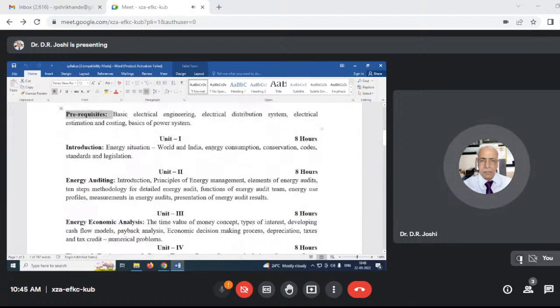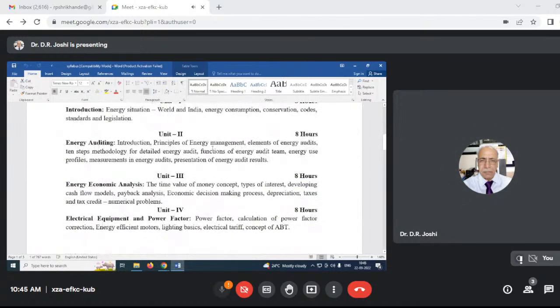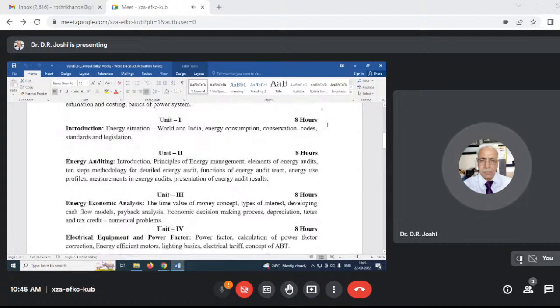When we talk about the energy audit, it is nothing but calculating the energy consumption in a particular industry, what its energy inputs are, and what its productivity or output from the company or the factory is, and hence computing the overall energy efficiency of the company.